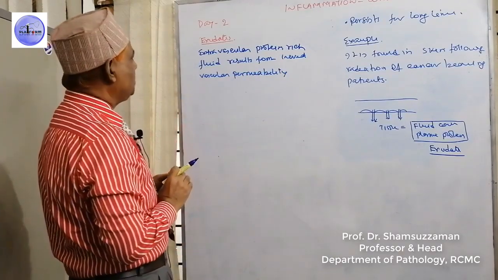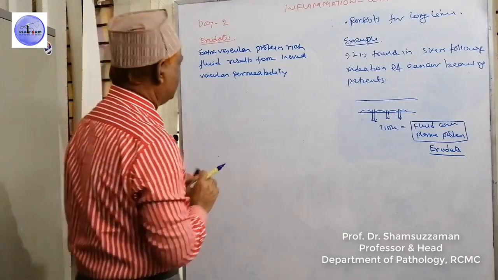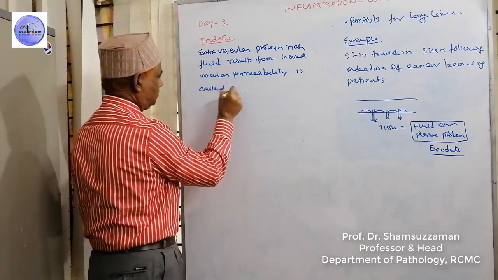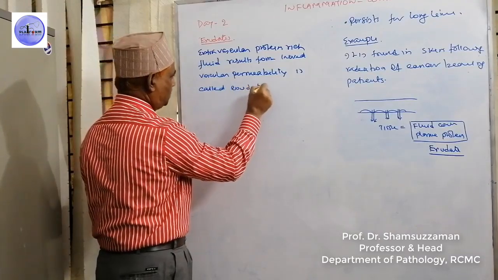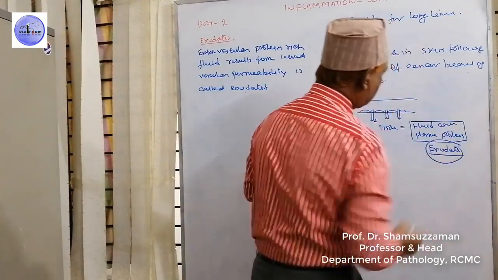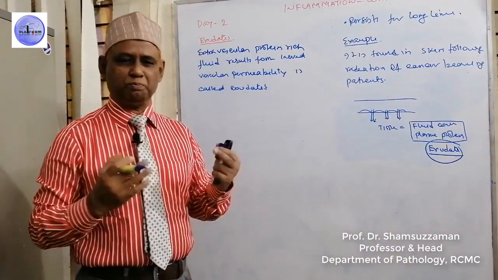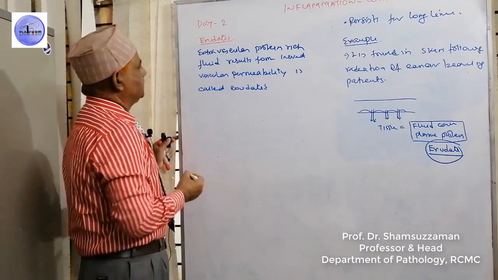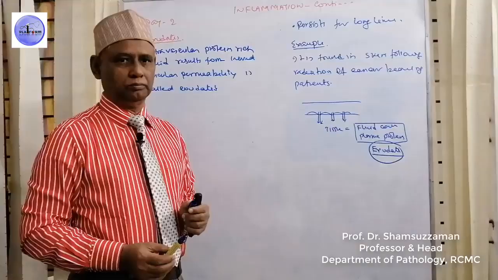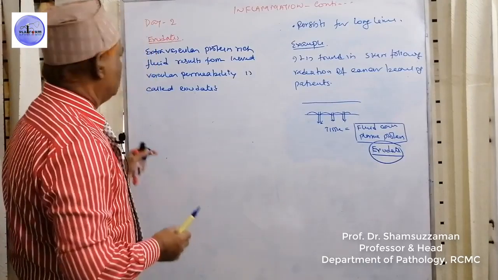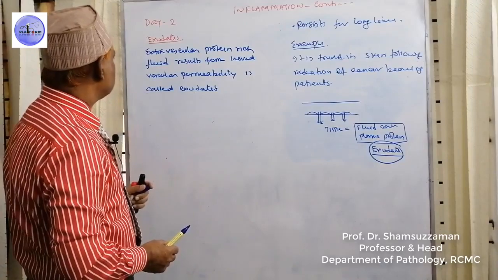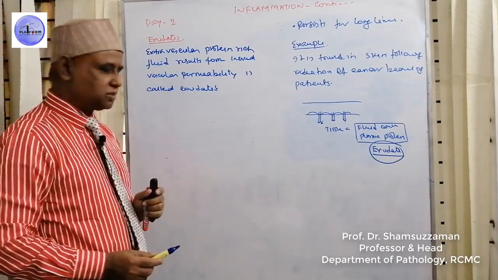Extravascular protein-rich fluid resulting from increased vascular permeability is called exudate. So this is exudate. It is rich with plasma protein.